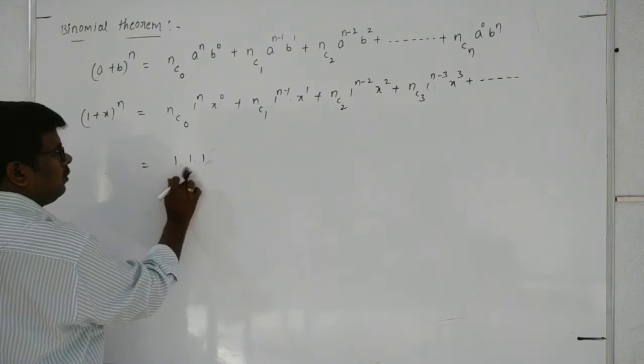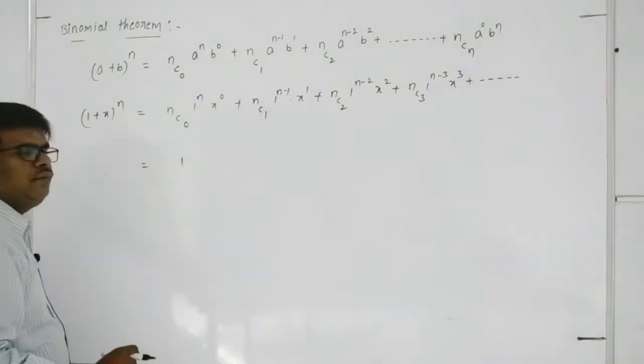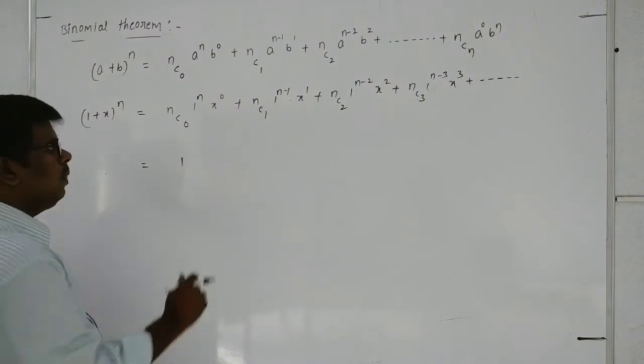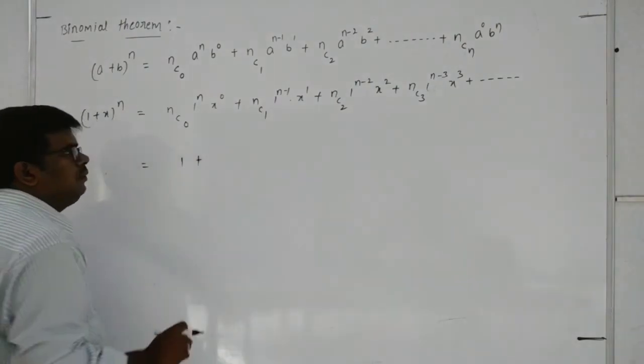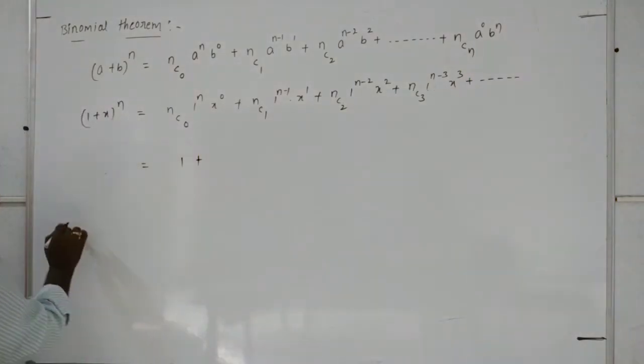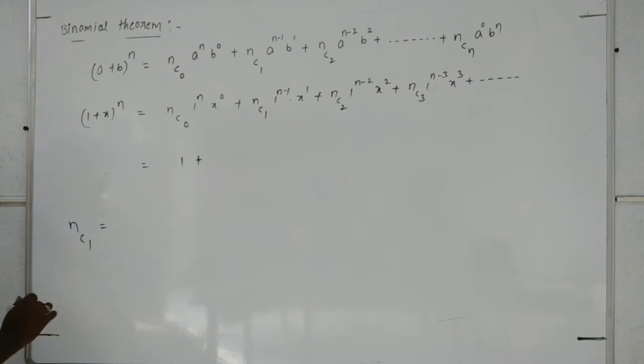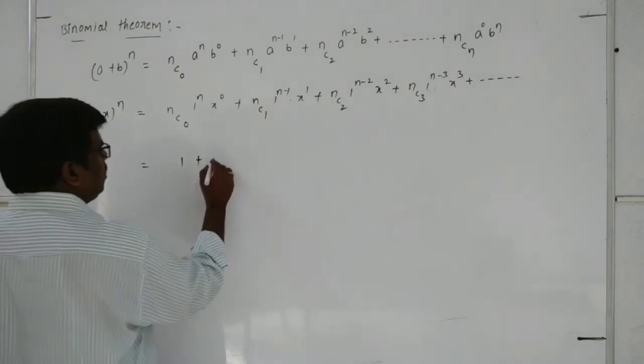So all these are ones, and the first term is nothing but 1. The first term is 1 plus nC1, and nC1 is nothing but n.